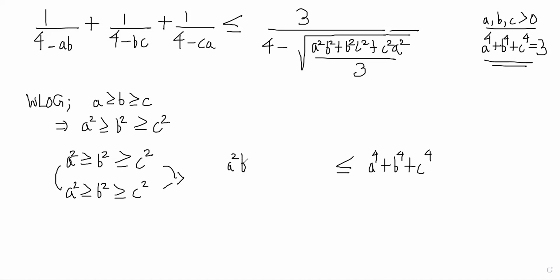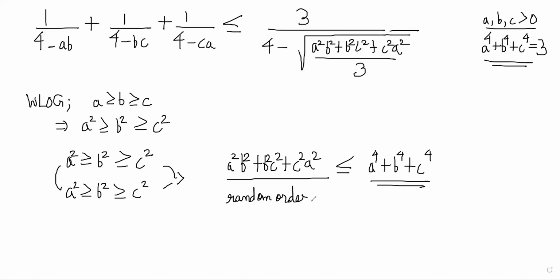So a square b square plus b square c square plus c square a square is less than equal to this. This is a random order sum taking these two sequences, and this is the same order sum. So from the rearrangement inequality that we did in the last video, we can be sure that this is correct, right?